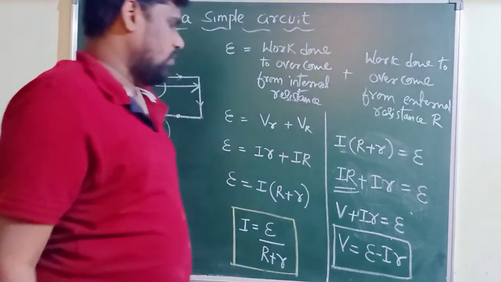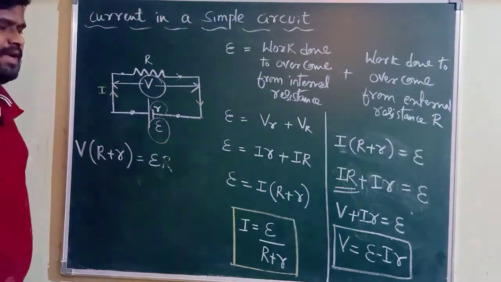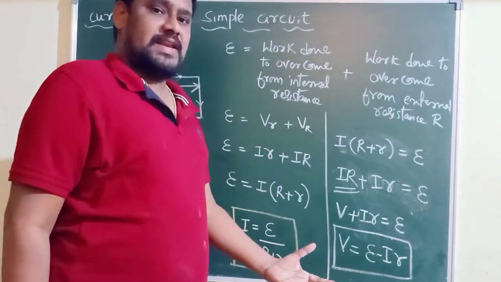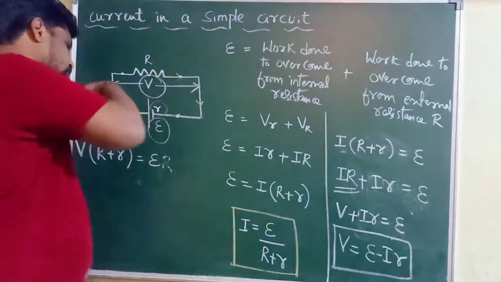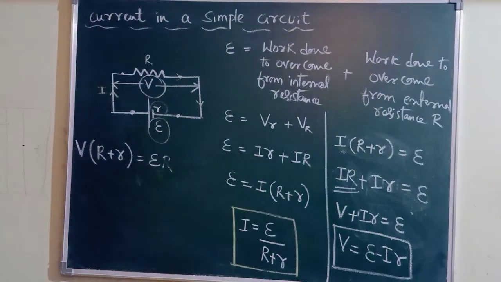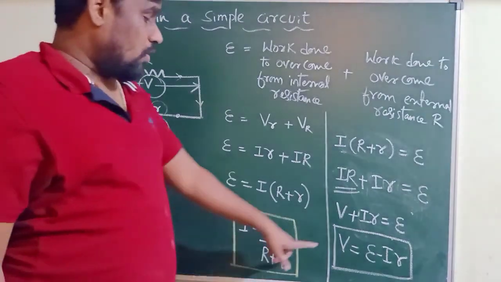The terminal potential difference of any cell is calculated using the formula: EMF of the cell minus the current flowing through the cell multiplied by the internal resistance.